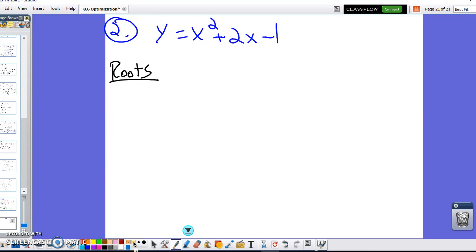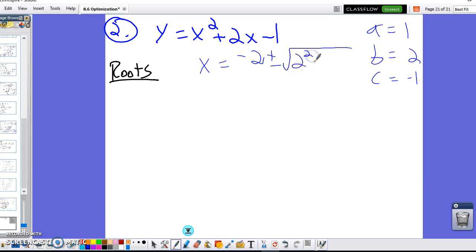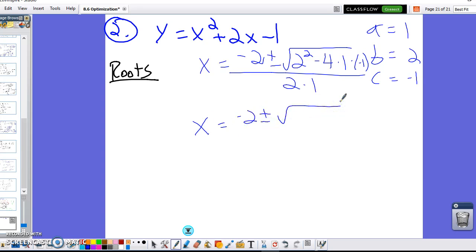Okay, so I start working this out. A equals 1, B equals 2, C equals -1. X equals -b plus and minus the square root of b squared minus 4, A times C, all divided by 2 times A. Okay, go ahead and simplify. 2 squared minus 4 times 1 times -1, that ends up being a positive 8 over 2.